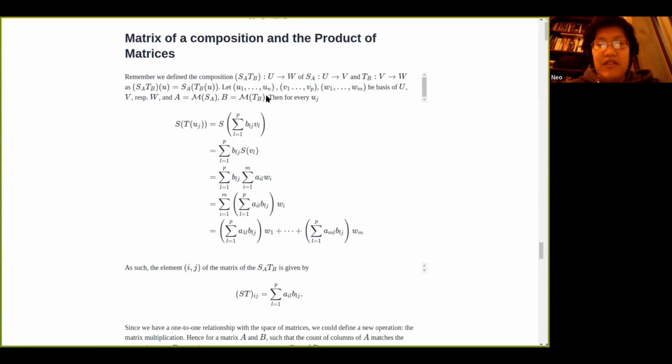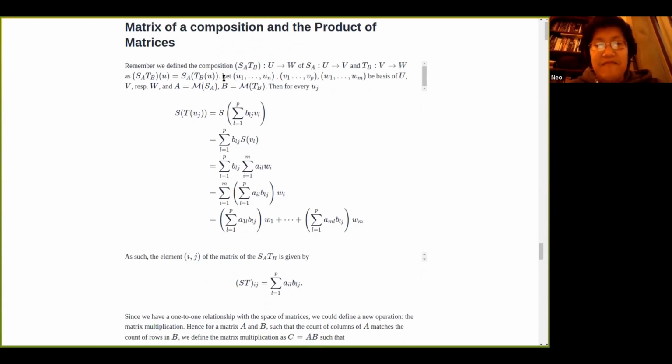So let's make an example with two transformations, S_A and T_B, going from space U to space W. S_A goes from space U to space V, and T_B from space V to space W. And you define this like this.